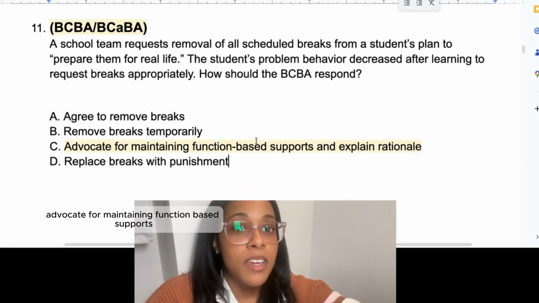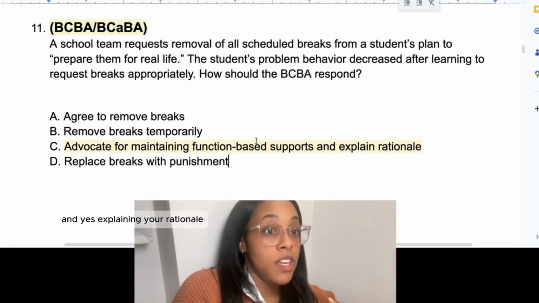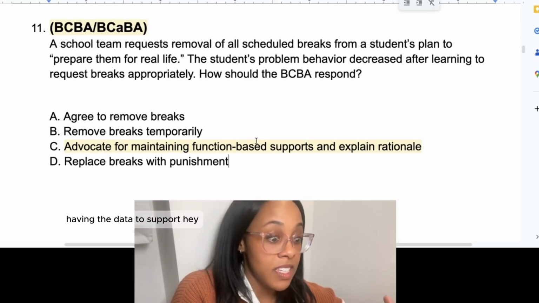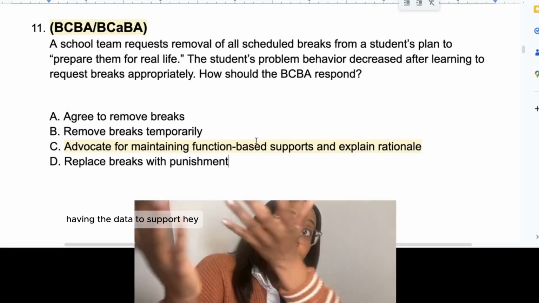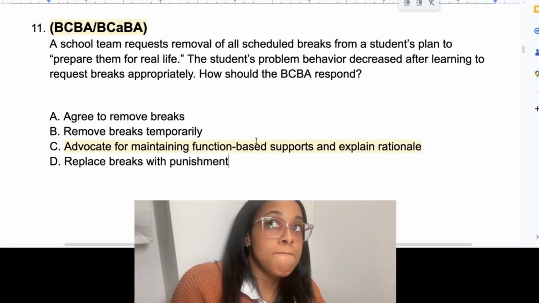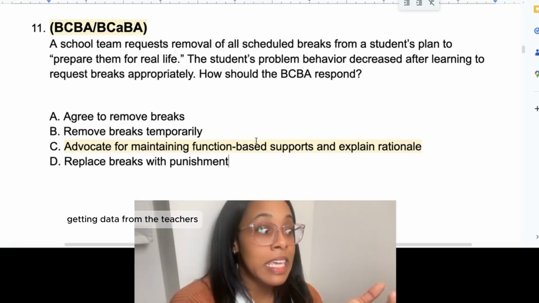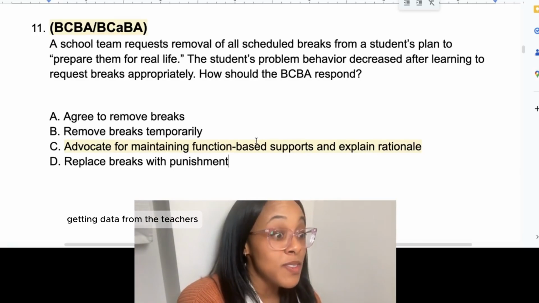Advocate for maintaining function-based supports, and yes, explain your rationale, having the data to support it. Hey, look at where we were prior to putting in scheduled breaks, getting data from the teachers.